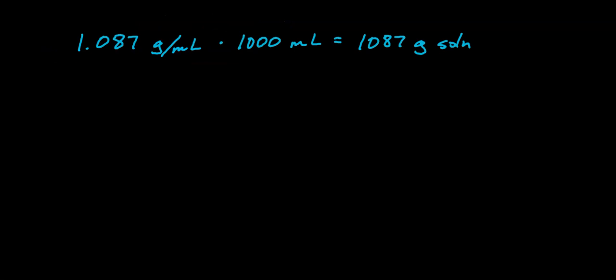All right, so let's use the density to find the mass of the solution, and then we use the percent composition. It's 32% by mass urea.